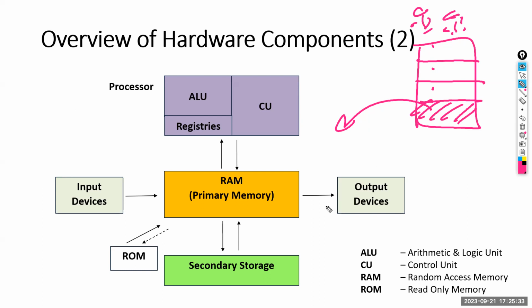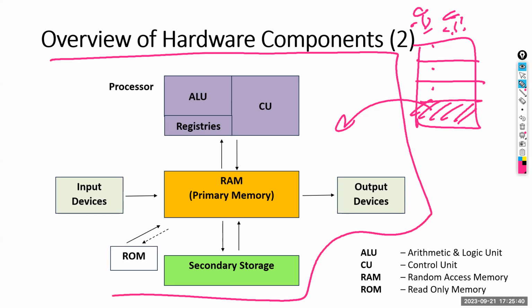I still didn't explain to you what von Neumann architecture is. In order to explain that, we can use this diagram. So we can clearly identify different types of devices or components.